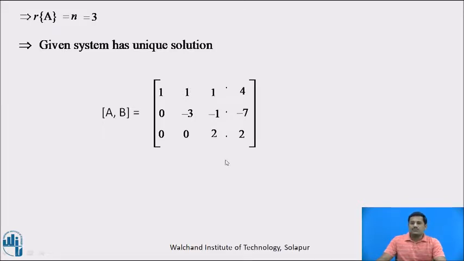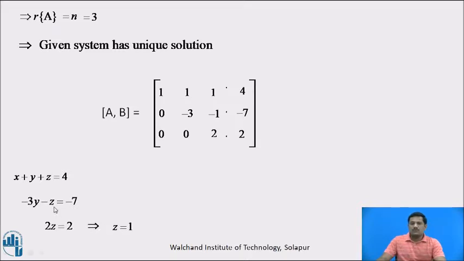Writing the equations from this echelon form, from the first row we will get the equation x plus y plus z equal to 4. From the second row we will get the equation minus 3y minus z equal to minus 7. And from the last row we will get 2z equal to 2. Solving this system from the last equation, we get z equal to 1.